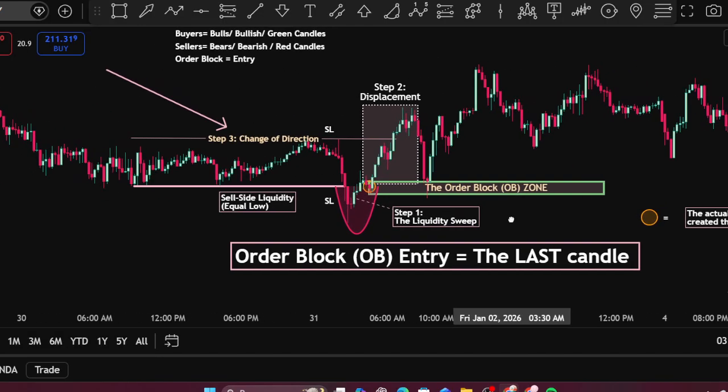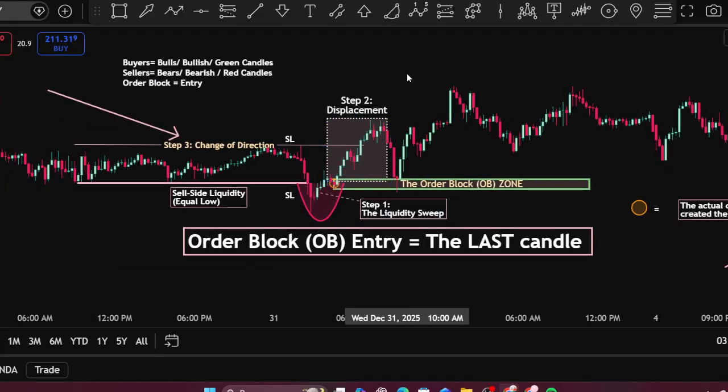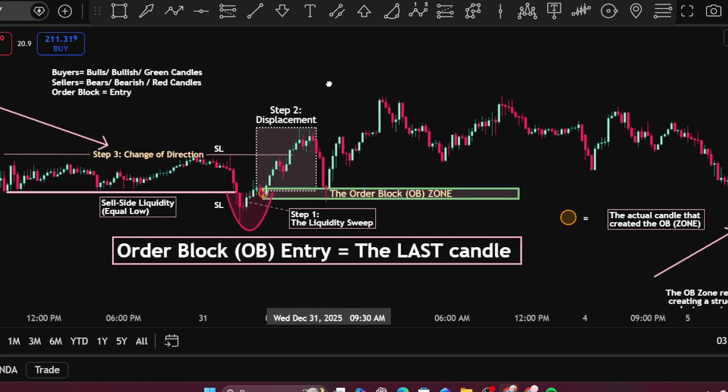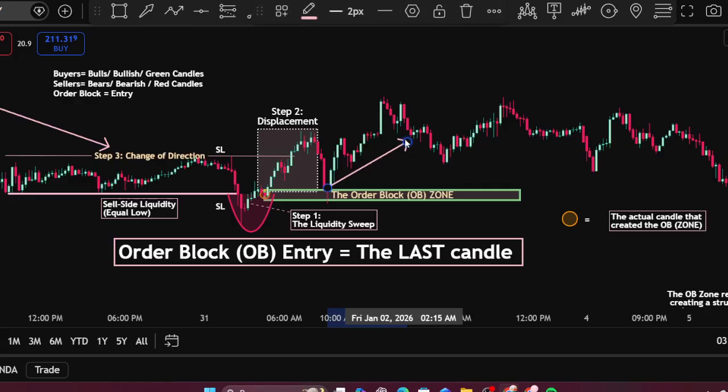But now that I have my order block and I have all of my sequence, the market is officially inside my range for me to place a buy order, because I want the market to continue to rise higher. I'll put it here. Okay.